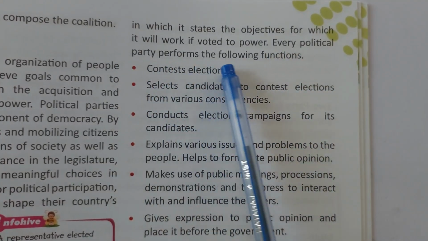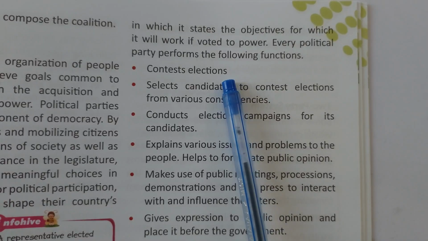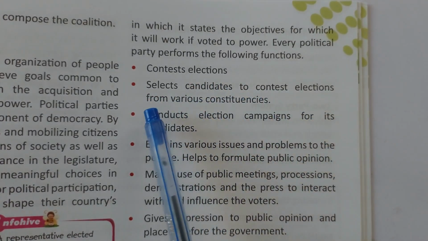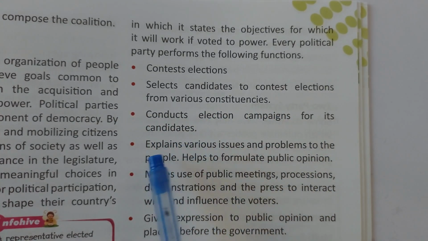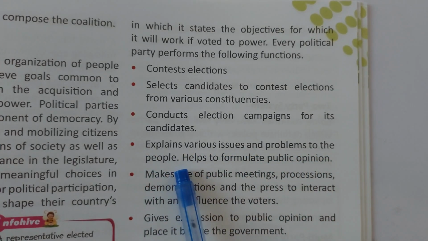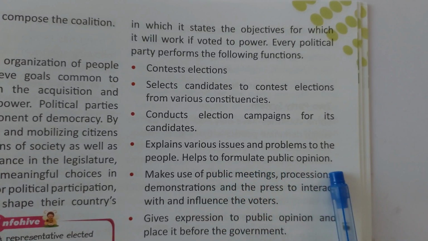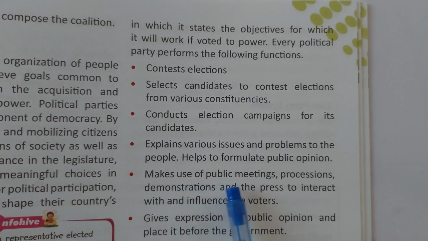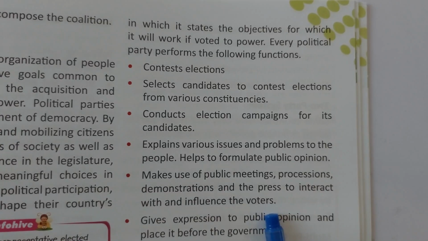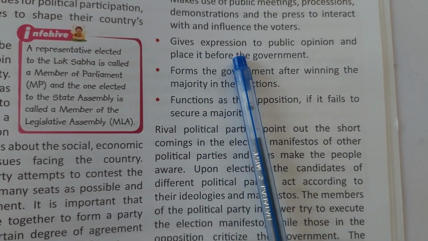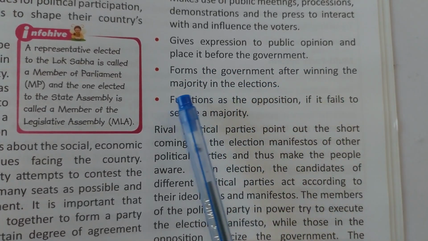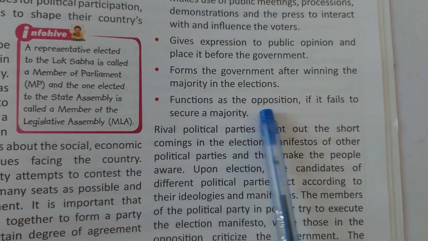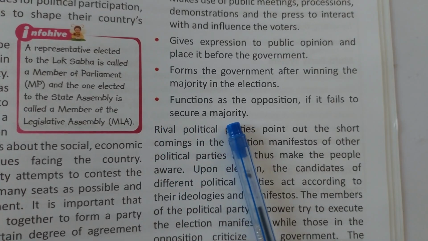Every political party performs the following functions: contest elections, select candidates to contest elections from various constituencies, conduct election campaigns for its candidates, explain various issues and problems to the people, help to formulate public opinion, make use of public meetings, processions, demonstrations, and the press to interact with and influence the voters, give expression to public opinion and place it before the government, form the government after winning the majority in the elections, and function as the opposition if it fails to secure a majority.